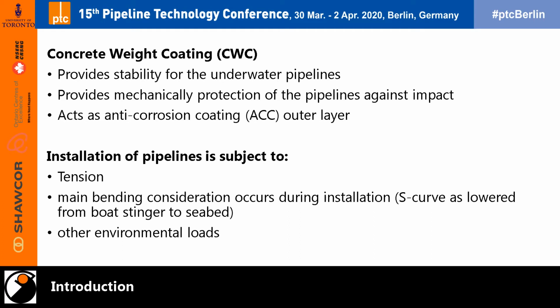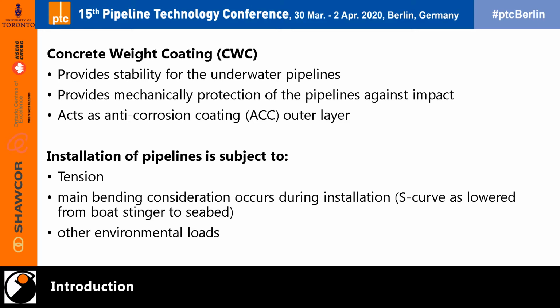The main design issue for pipeline CWC is to ensure that the effect of the various loads present during the installation and the operation, such as tension, bending, and other environmental loads, will not damage or cause movement of the CWC.